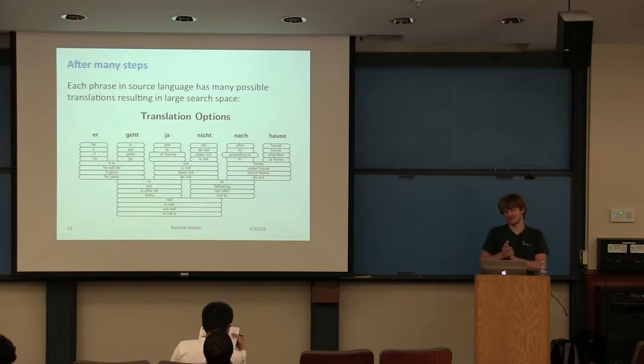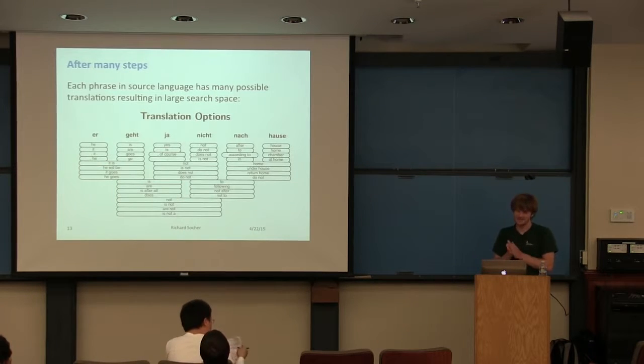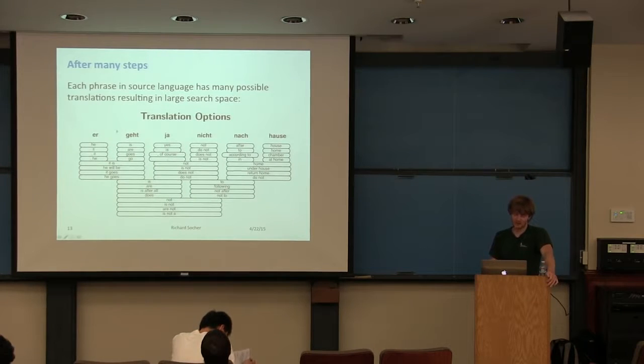And so just to give you a tiny glimpse of the complexity of the final step, we look at the final decoder, which is basically trying to find the best possible translation after knowing that, for instance, this could translate to "he," "it," or "comma he," right?